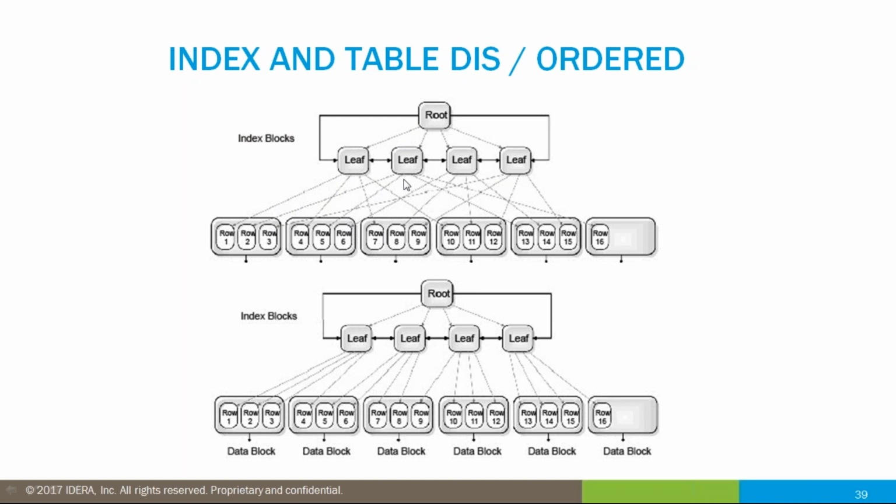Then I have to read this block. In the very worst case scenario, I could, in an index range scan, have to do an I/O for every single row in the table. And if I have extremely large tables with billions of rows, that means I'm doing billions of I/Os, right? Now, wait a second. Don't blame the storage administrator if you have your system configured to do billions of I/Os.